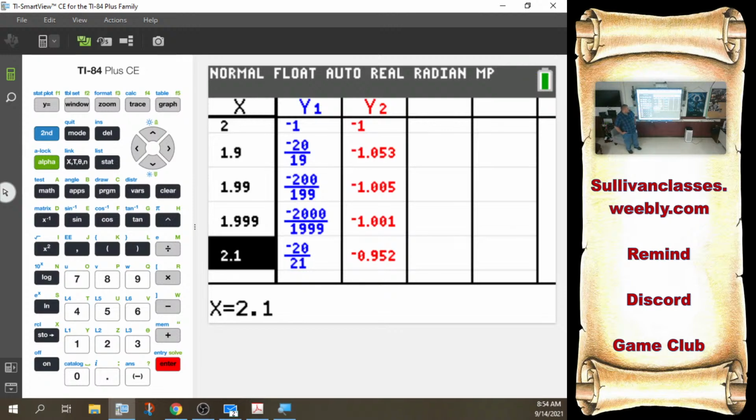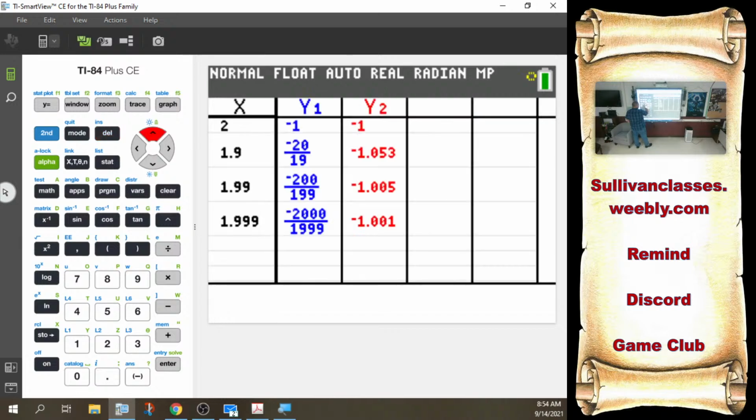But you see the same thing? As I get closer and closer to 2 from the other way, it's getting closer and closer to that -1 again. So you don't have to do all of these the way that I usually do it.